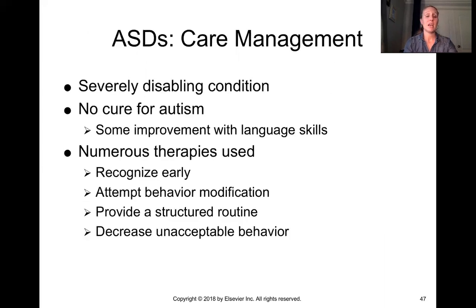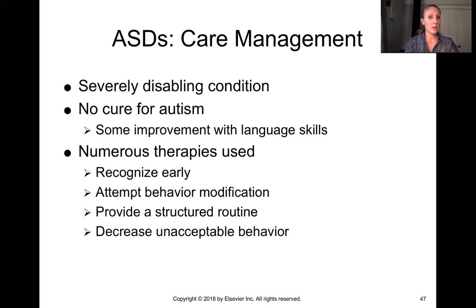It can be severely disabling depending on the severity of the spectrum. There are autistic children who are nonverbal, and those children are not going to be able to completely overcome their challenges. But again, that early intervention is going to have a drastic effect in a beneficial way for these children.